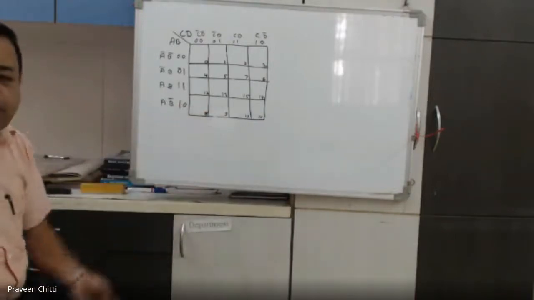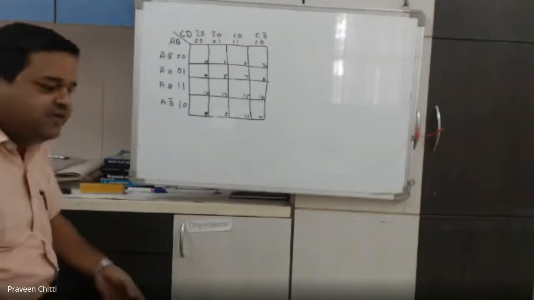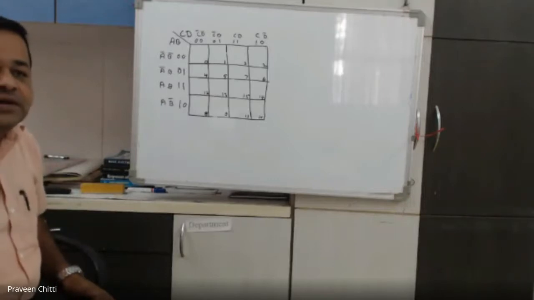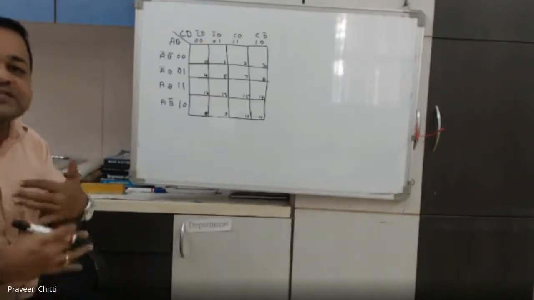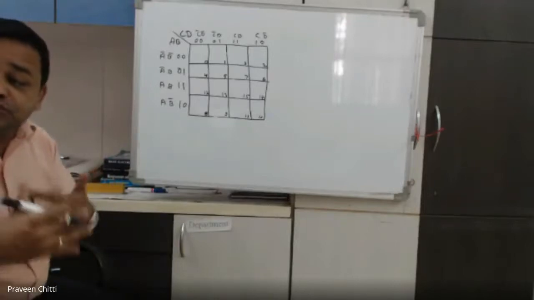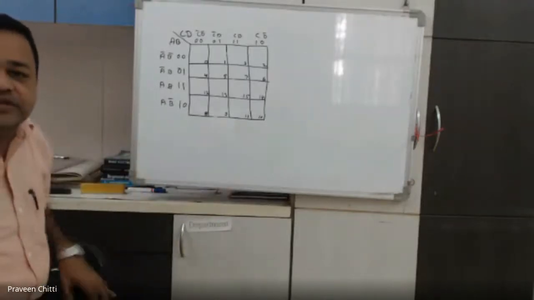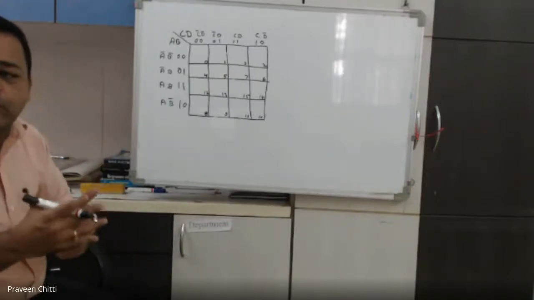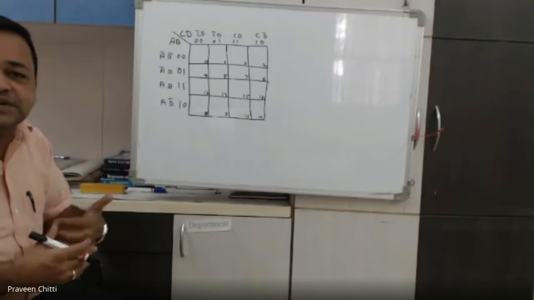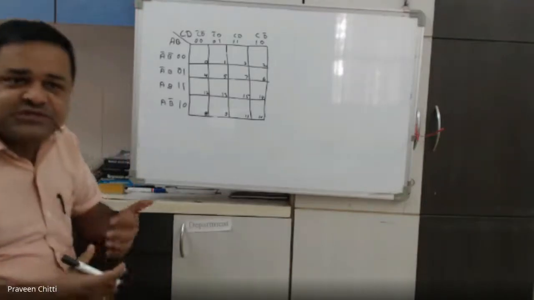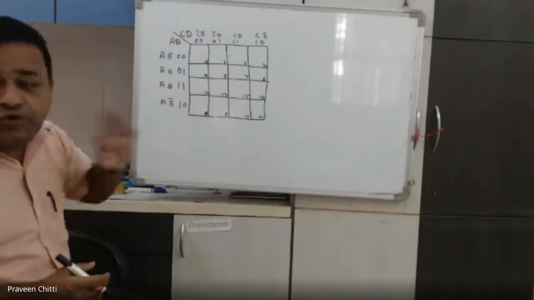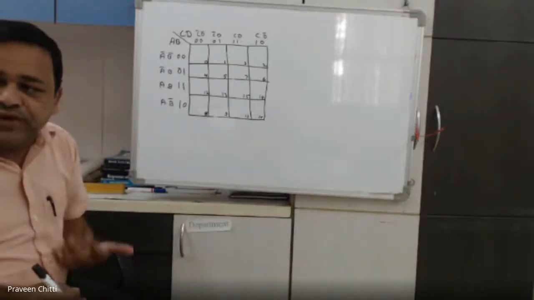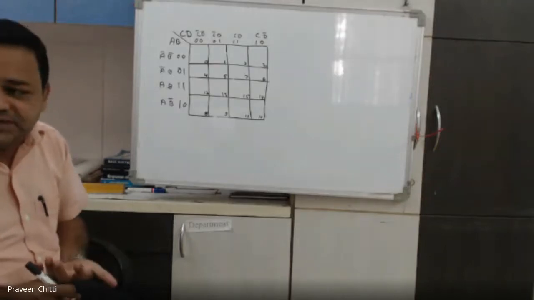When you are going to use the K-map for simplification, the accuracy or the efficiency of the K-map depends upon the user's ability to identify the larger groups to accommodate all the ones which are present in terms of SOP and all the zeros in terms of POS. Now I am talking only about the SOP K-map. Later we'll see what changes we need to make when we want to use a K-map for a POS expression.